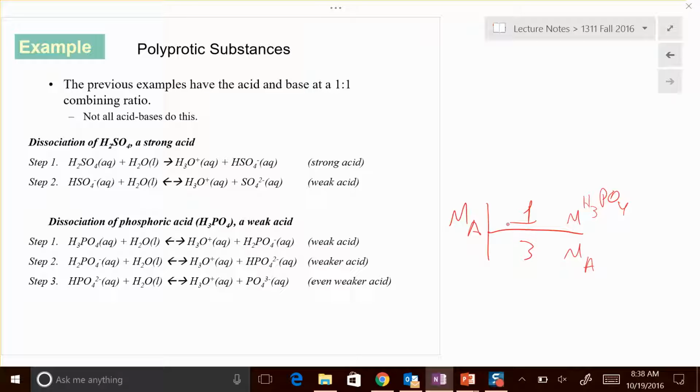If it's a polyprotic acid, then you're going to have to calculate the final concentration, knowing that your original calculation using MaVa equals MbVb needs to be converted back. Okay, I will try to find an example for next time. We'll work out a problem, but I don't have any.